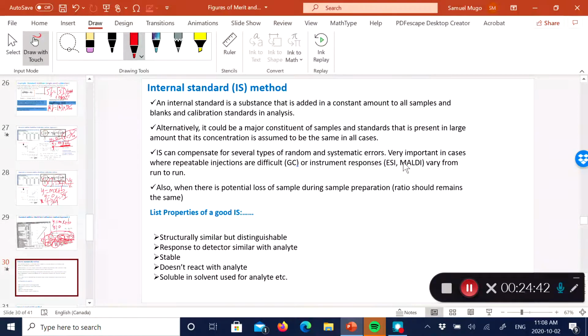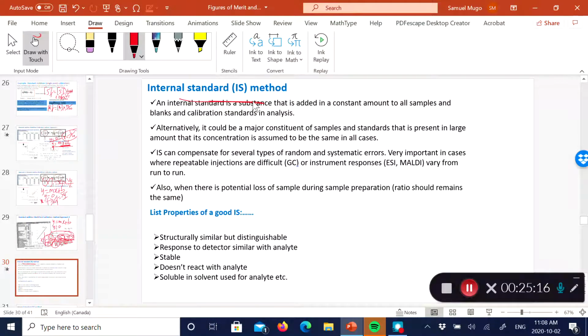In general, mass spectroscopy is very prone to environmental disturbances because in the environment there are lots of ions, and mass spectrometry detects ions in its environment. So even if you sneeze at it, it's going to respond to that, though there's no analyte that you're trying to analyze. So the internal standard method is actually meant to correct for instrument variations.